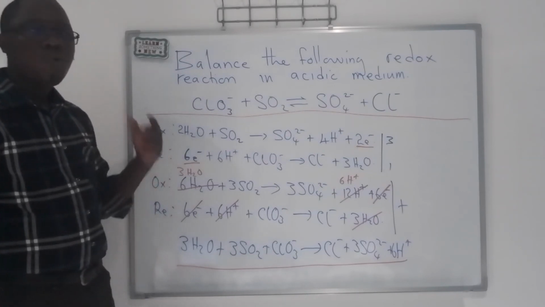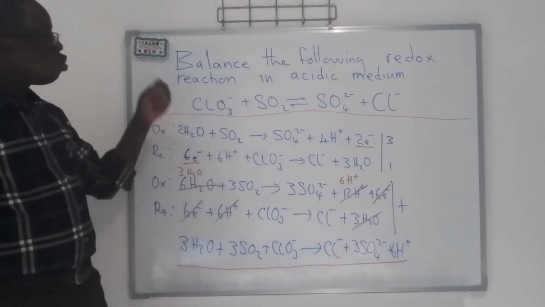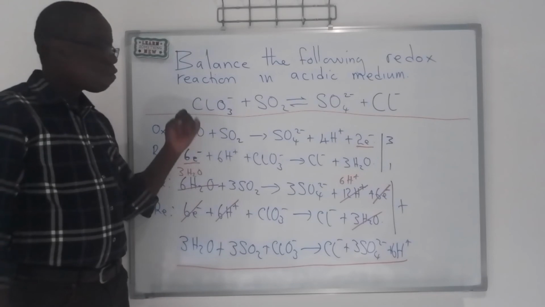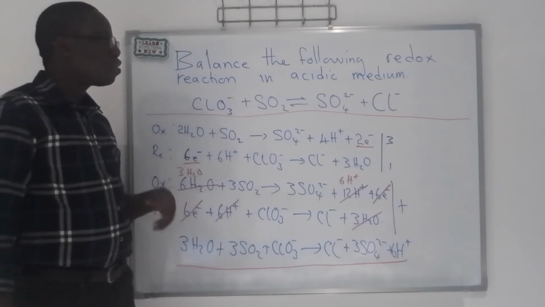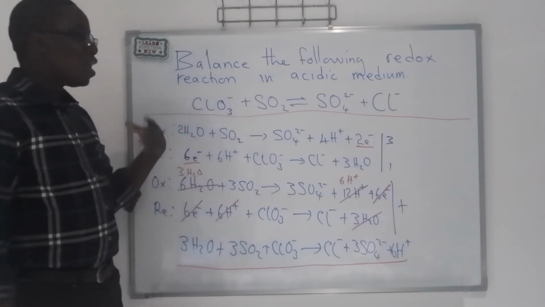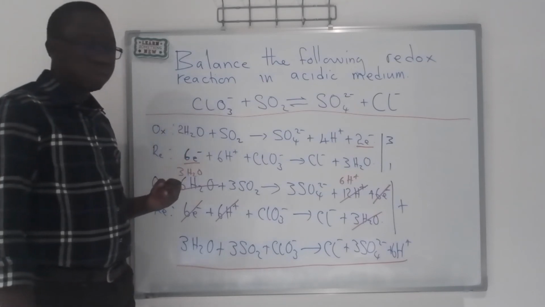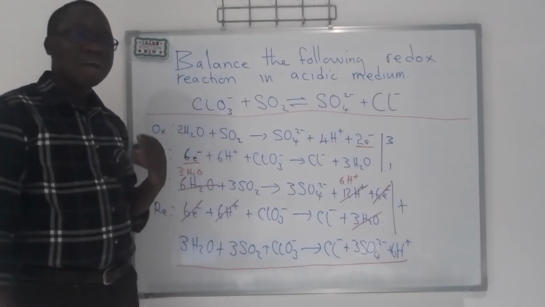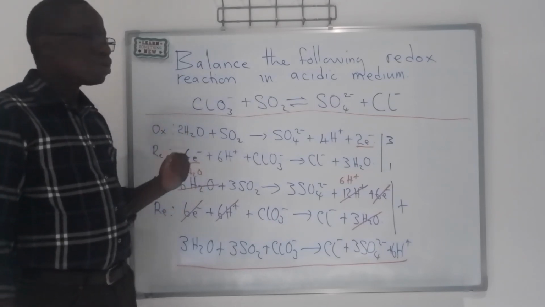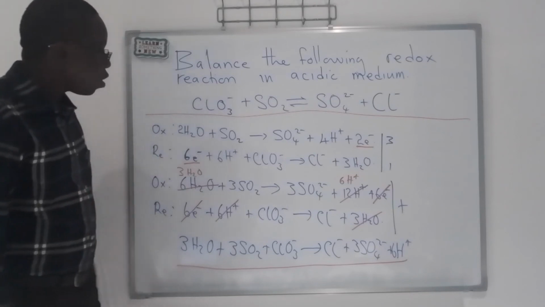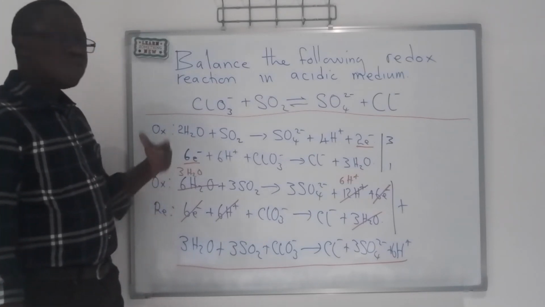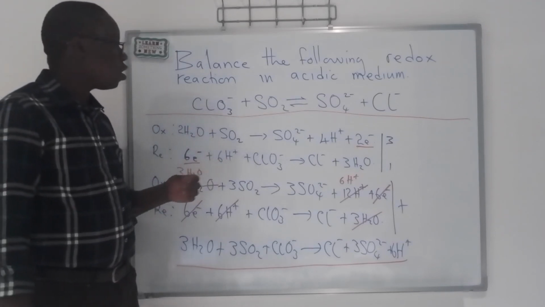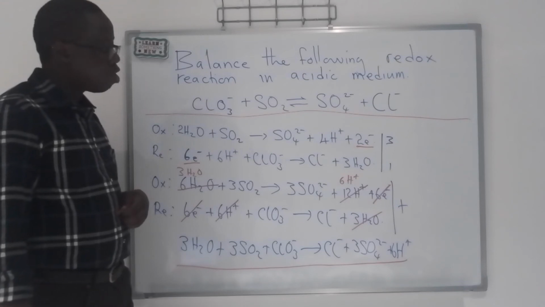So in summary, what are the steps that are needed to balance a redox reaction in acidic media? The first one, you need to separate the equation given into oxidation and reduction. Then you balance the oxygen atoms by introducing water molecules. After you introduce the water molecules, you balance off the hydrogen by introducing hydrogen ions.